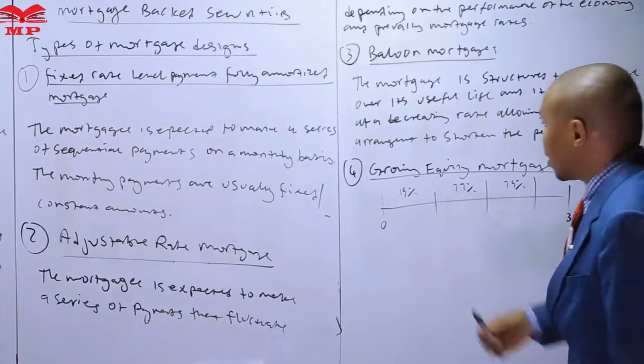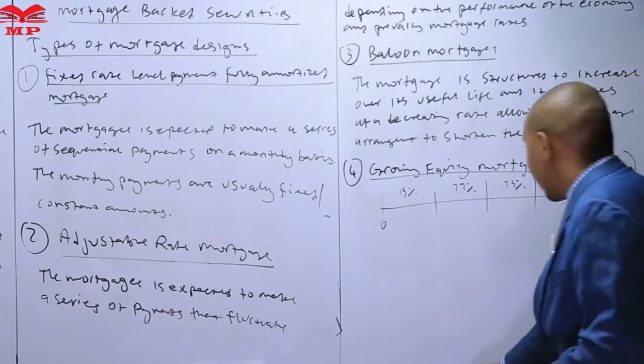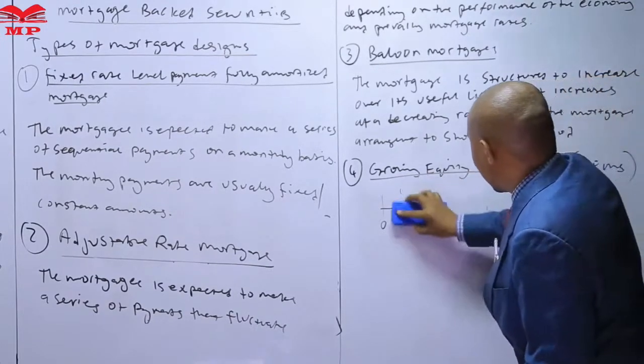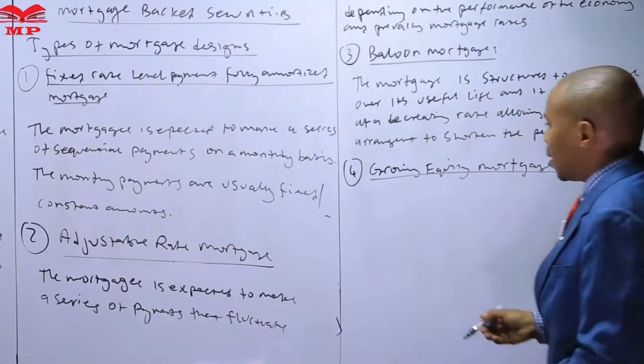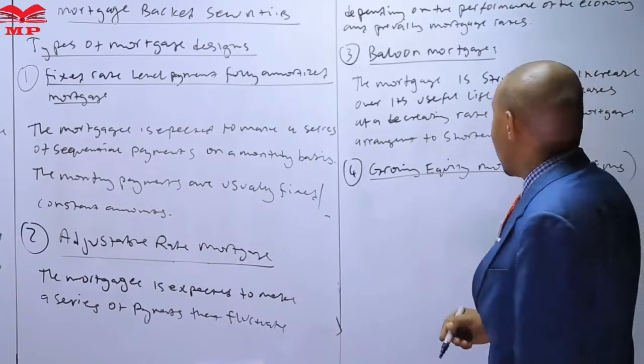So this one is increasing at an increasing rate, while the balloon is increasing at a decreasing rate. The effect is that the shortening of the life of the mortgage is expected at a higher rate in growing equity mortgages as compared to balloon mortgages.